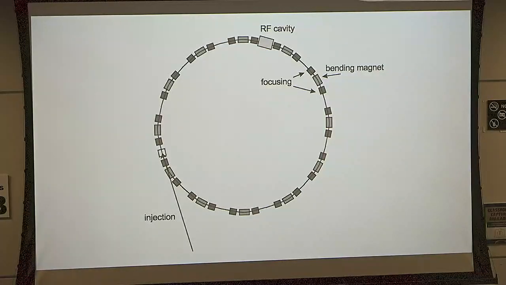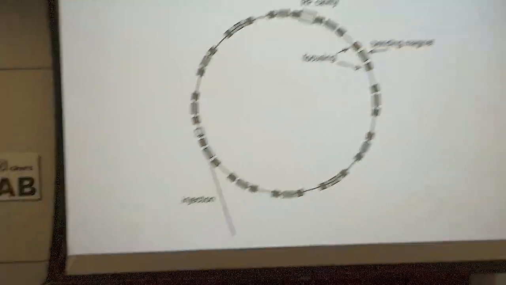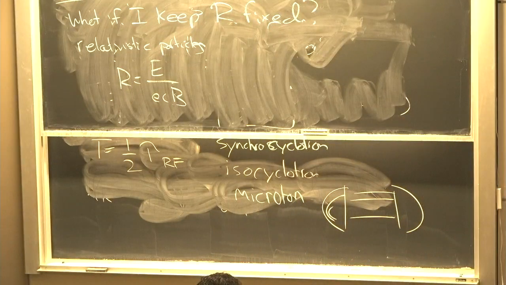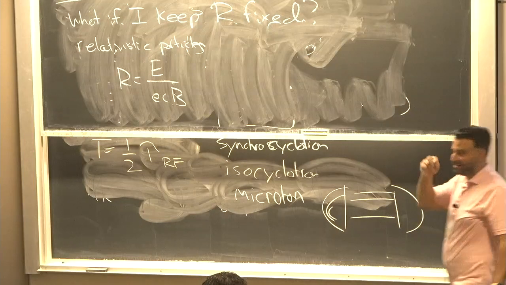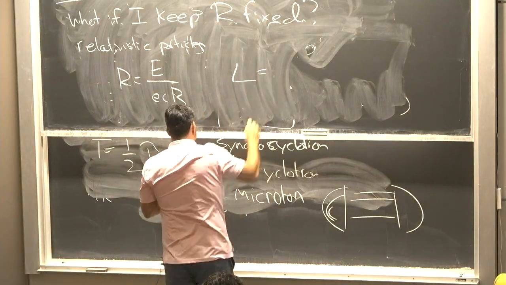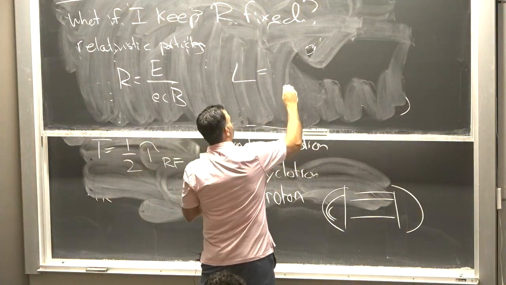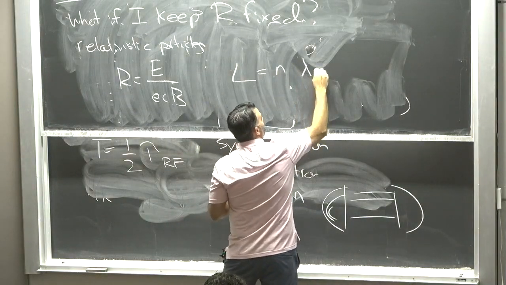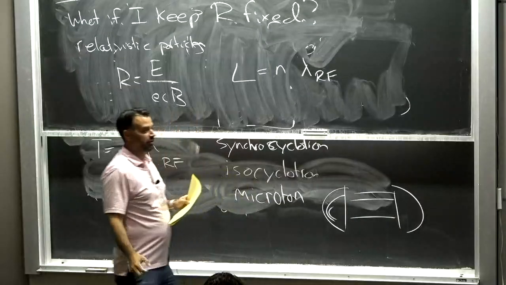Now, of course, it doesn't have the auto synchronization. It has to satisfy this condition in terms of E and B. And furthermore, if I had just one RF element here, I have to build my accelerating path such that it is a multiple of my RF frequency, right?